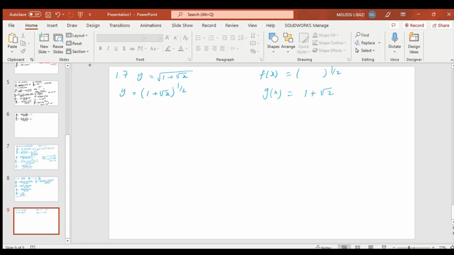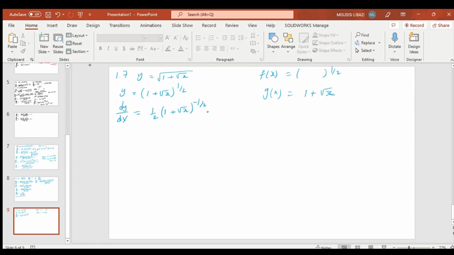So we start by deriving the outer function, the bigger function. dy over dx is equal to 1 over 2, according to the general power rule, times 1 plus the root of x all raised to minus 1 over 2, multiplied by the derivative of the inner function g of x equal to 1 plus the square root of x.